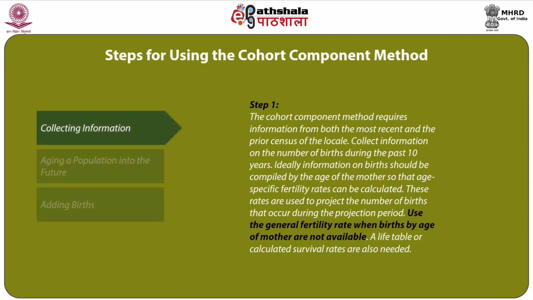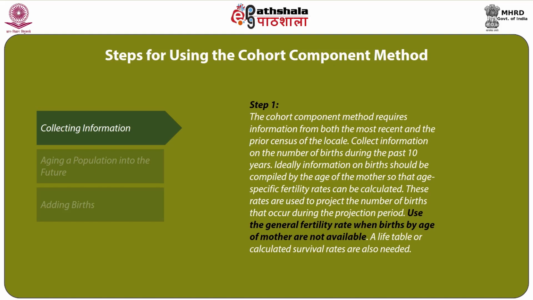What are the steps for using the cohort component method? Step 1. Collecting the necessary and required information. The cohort component method requires information from both the most recent and the prior census of the locale. Collect information on the number of births during the past 10 years.